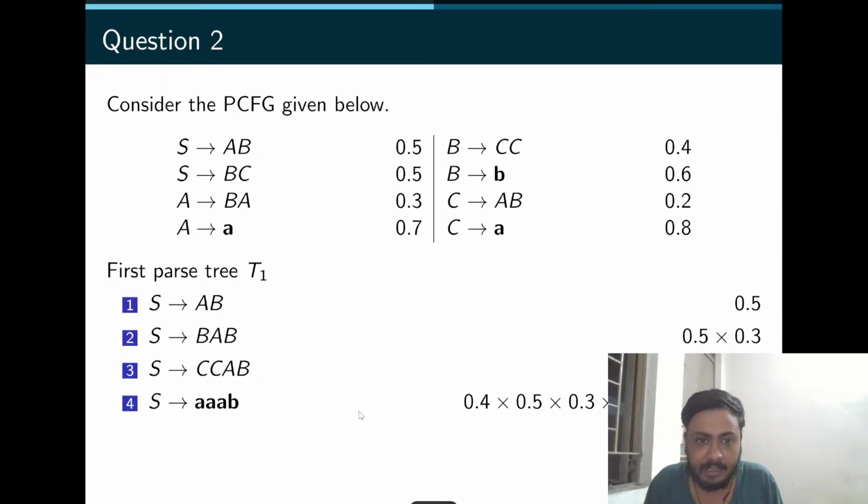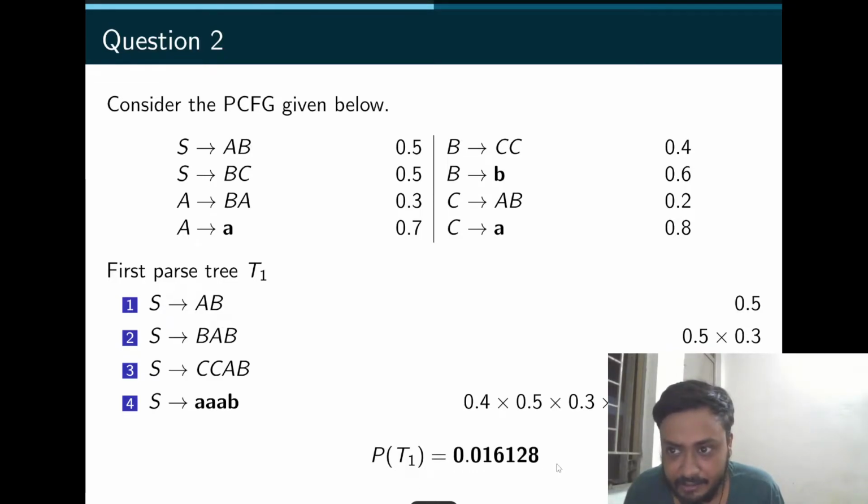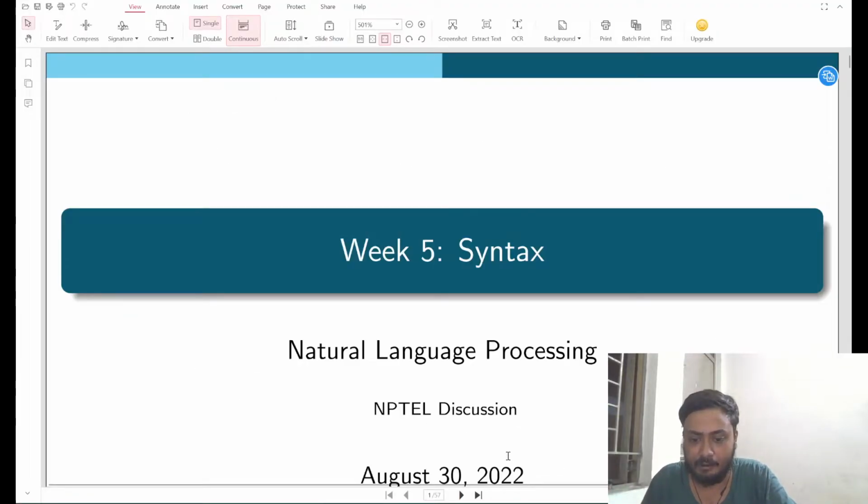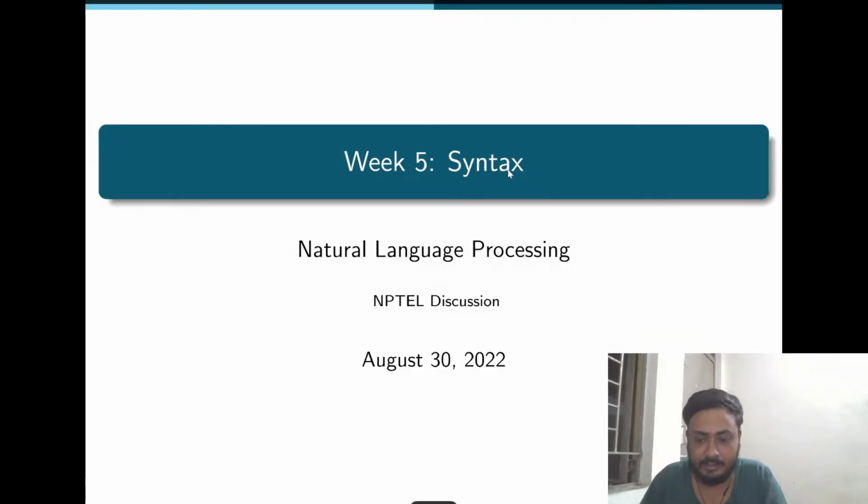And then we apply the individual rules C to A to A, and B to B. So C to A is 0.8 square, and then this is 0.7 and 0.6. So this is the probability of the first tree. So this is how we get it, 0.016128. So it's a big number, but this is the probability.